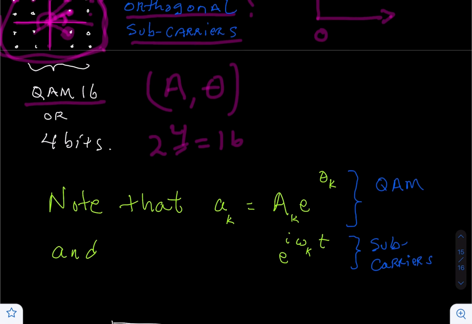So just note a few things here. What's kind of cool is that these amplitudes, again, A is a certain magnitude and an angle, right? So it's got an amplitude and angle, and this is your QAM modulation. And here are your little tones, your subcarriers, again expressed using e exponent something, right? Oh, I forgot the i right there.